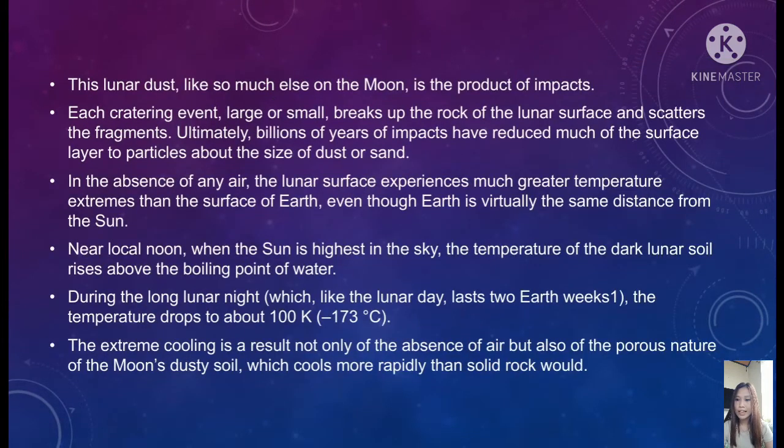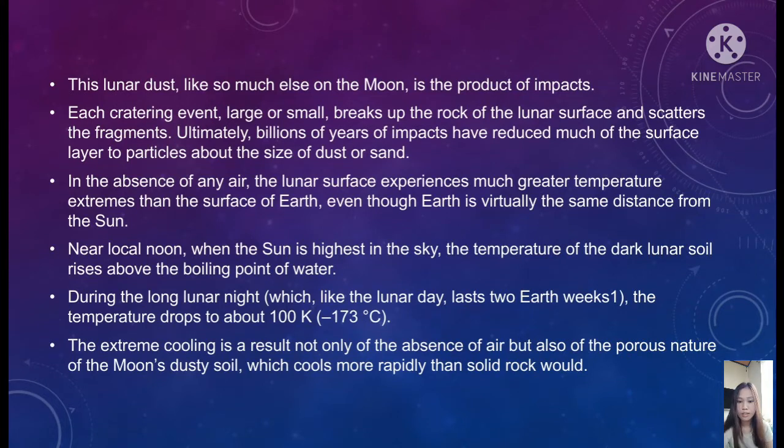This lunar dust, like so much else on the moon, is the product of impacts. Each cratering event, large or small, breaks up the rock of the lunar surface and scatters the fragments.